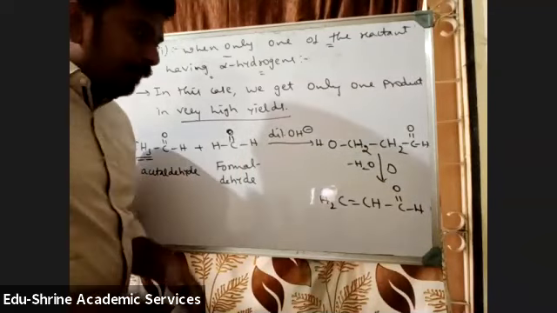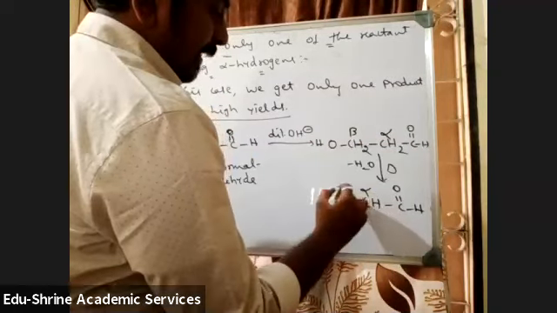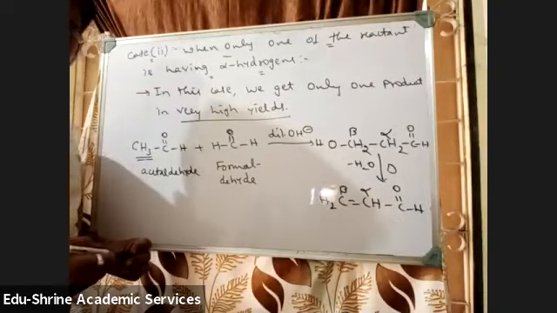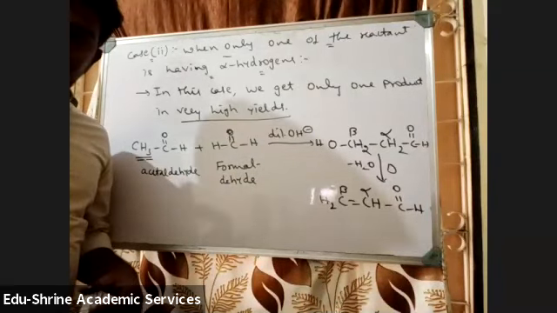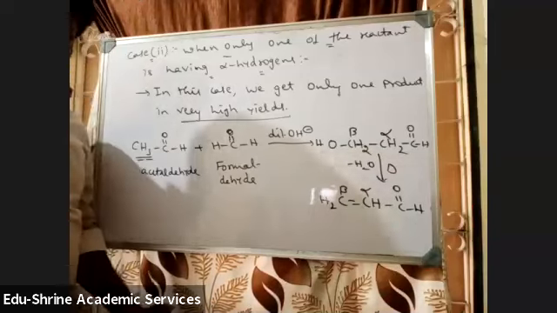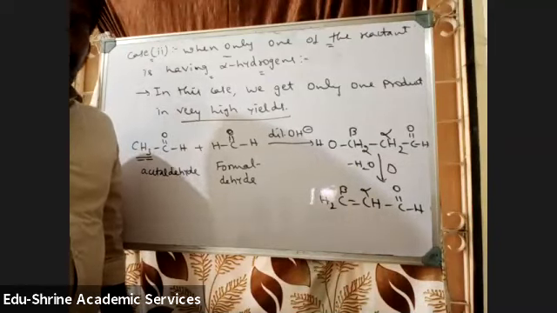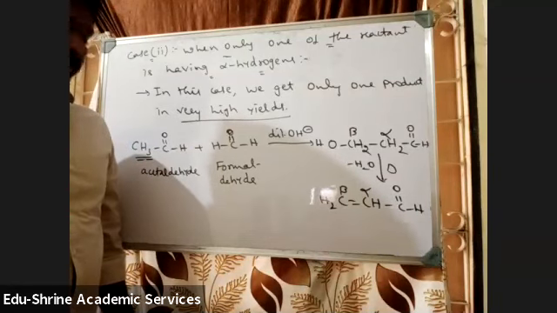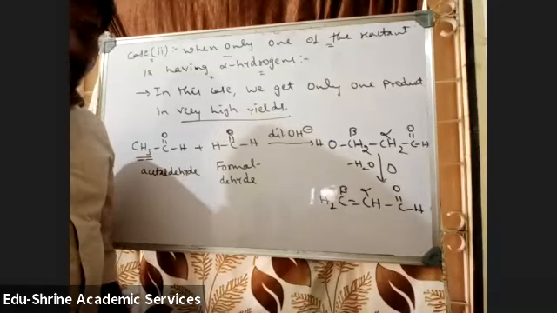This is aldol, alpha, beta. This is alpha, beta unsaturated.